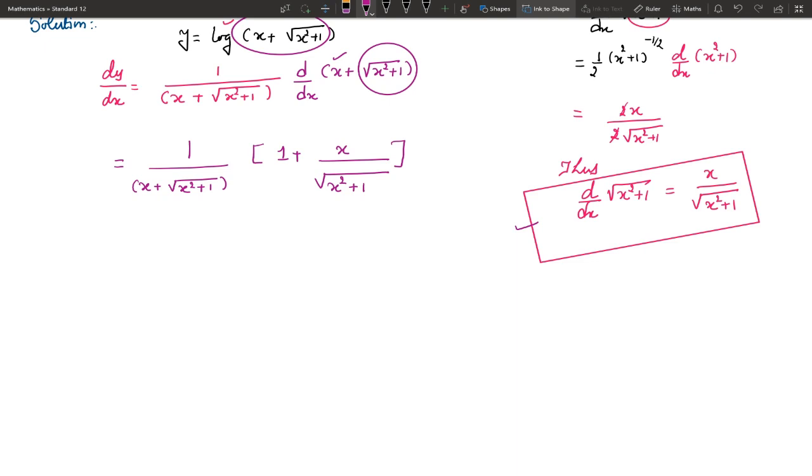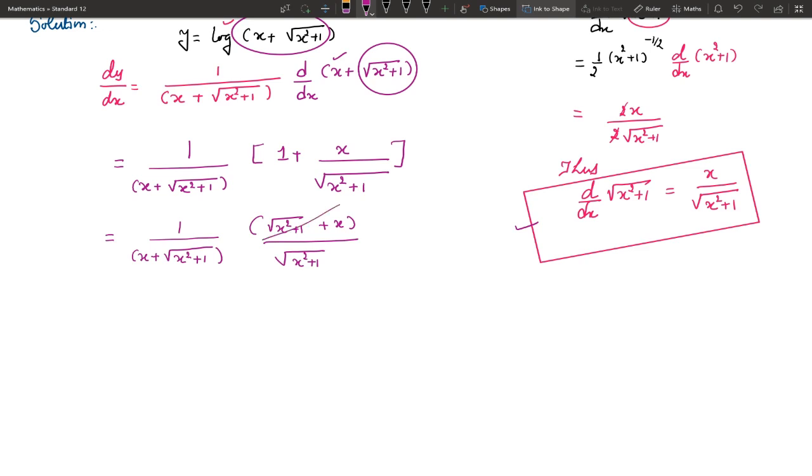So now let us simplify this. This is 1 upon x plus under root x square plus 1, take LCM, so this is under root x square plus 1 plus x upon under root x square plus 1.